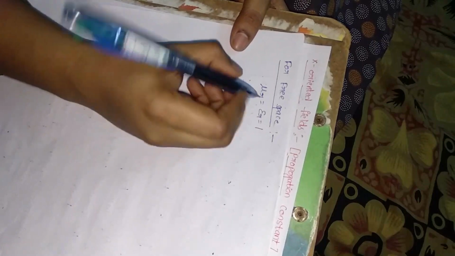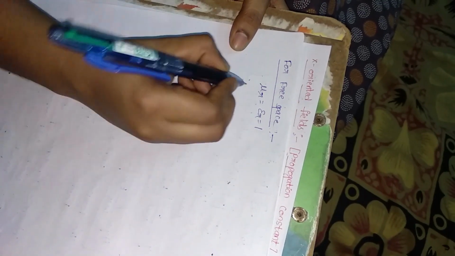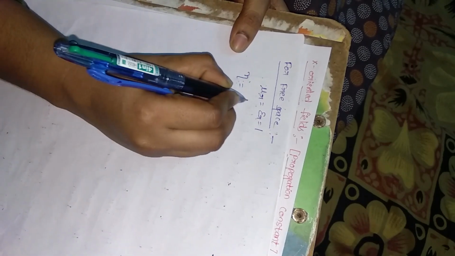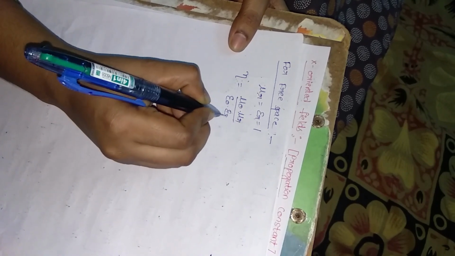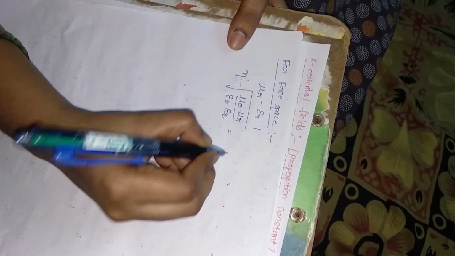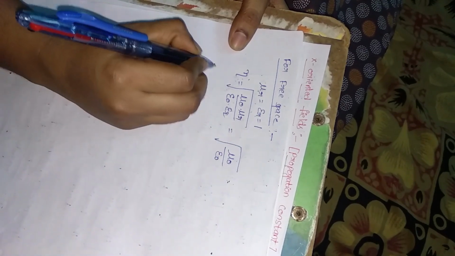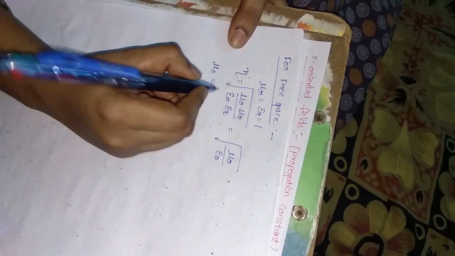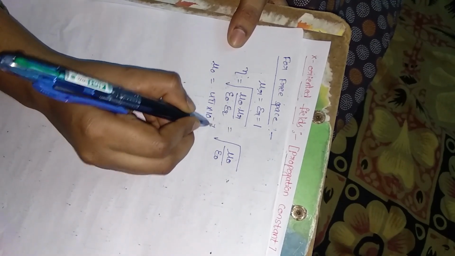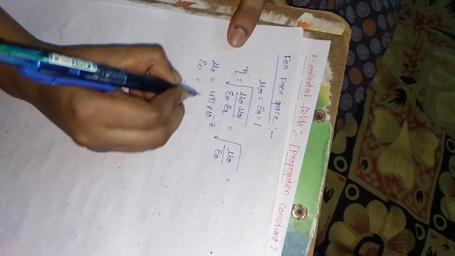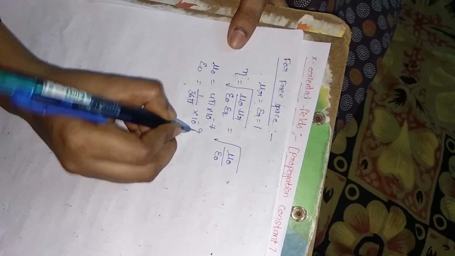For free space, the relative permittivity and permeability both become 1. So the intrinsic impedance eta is equal to the square root of mu naught into mu r divided by epsilon naught into epsilon r, which is equal to the square root of mu naught divided by epsilon naught. We have mu naught equal to 4 pi into 10 power minus 7 and epsilon naught equal to 1 by 36 pi into 10 power minus 9.